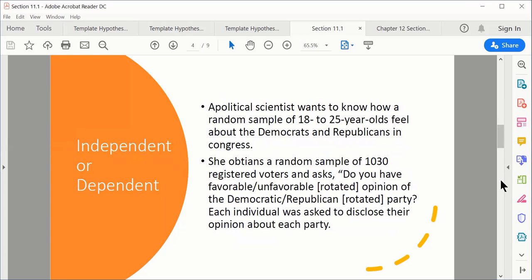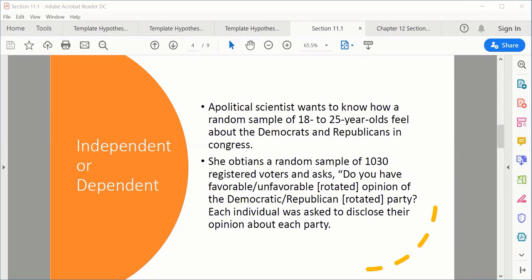Another one, a political scientist wants to know how a random sample of 18 to 25-year-olds feel about the Democrats and Republicans in Congress. So she obtains a random sample of 1,030 registered voters and asks, do you have a favorable or unfavorable opinion of the Democratic or Republican party, with the order rotated? The word rotated there means she doesn't ask the same question to everyone. Half the time they ask favorable, and the other half they ask unfavorable, half the time Democratic, half the time Republican, and that mixes it up so there's not bias.